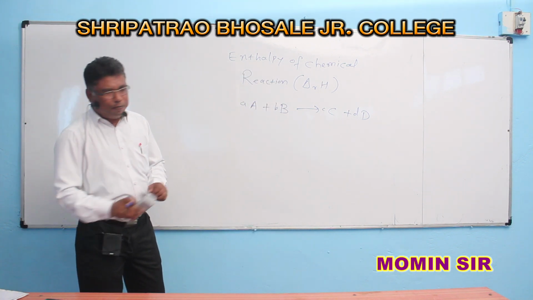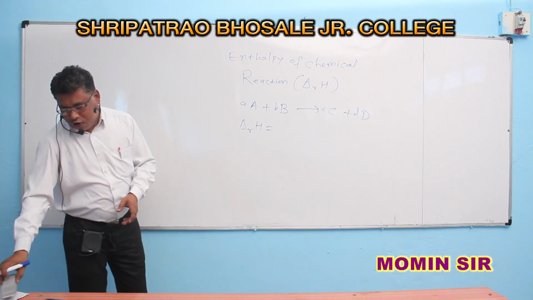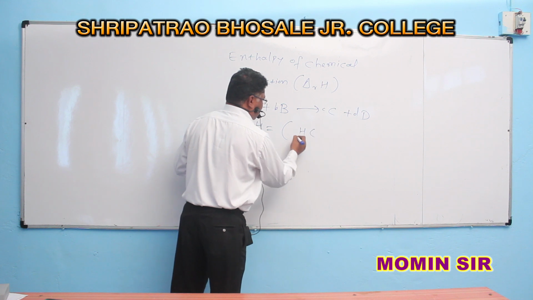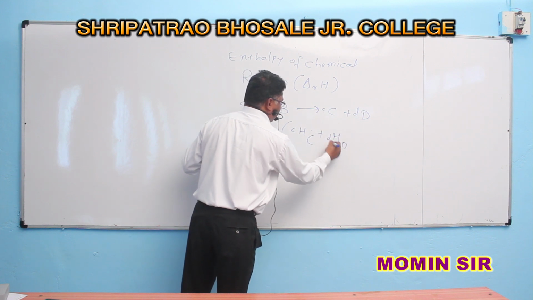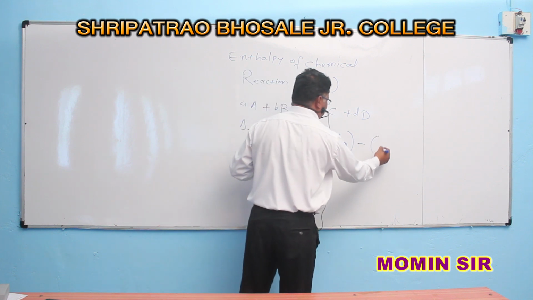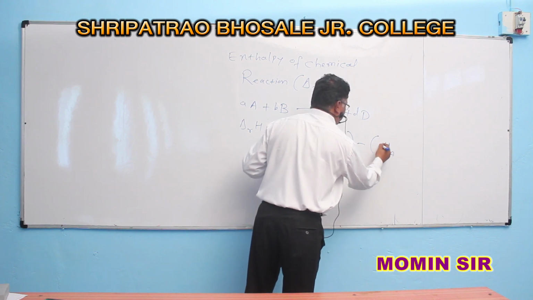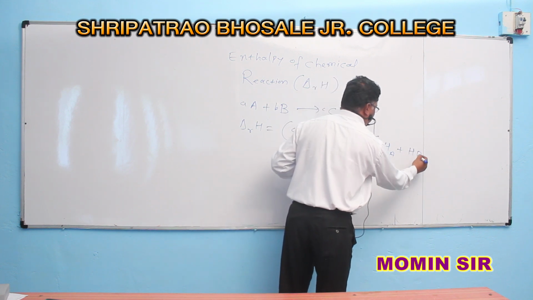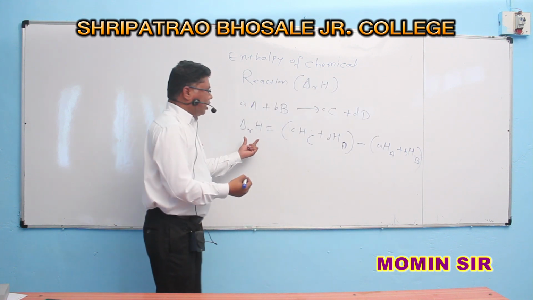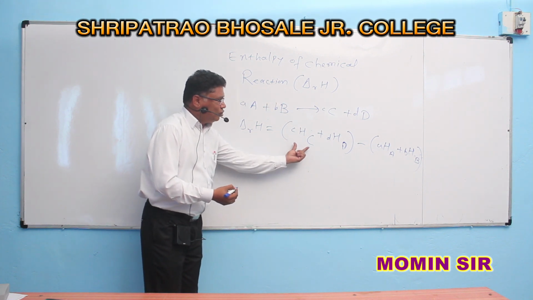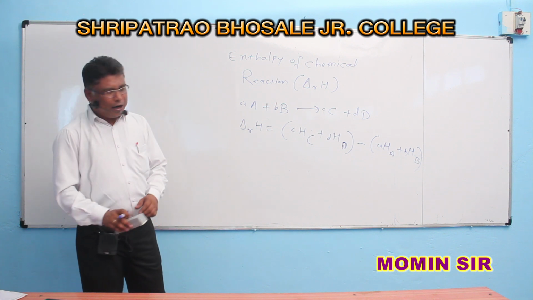Here, the enthalpy of reaction, delta H reaction, is the sum of enthalpies of products, that is enthalpy of C plus enthalpy of D, minus the enthalpy of reactant A plus enthalpy of reactant B. So enthalpy of reaction is nothing but the enthalpies of products minus enthalpies of reactants.